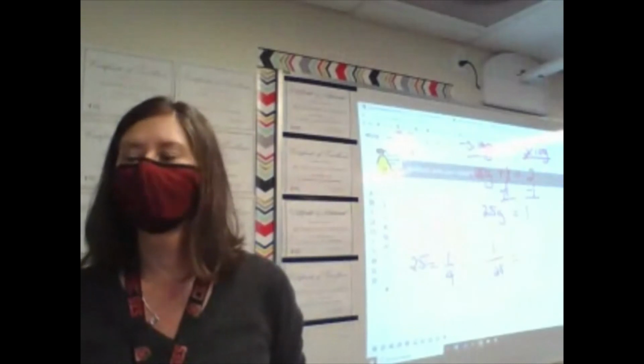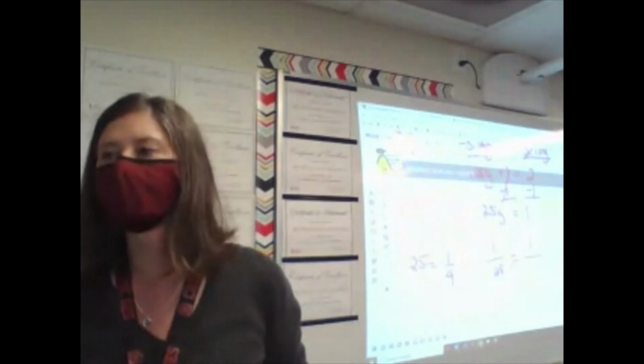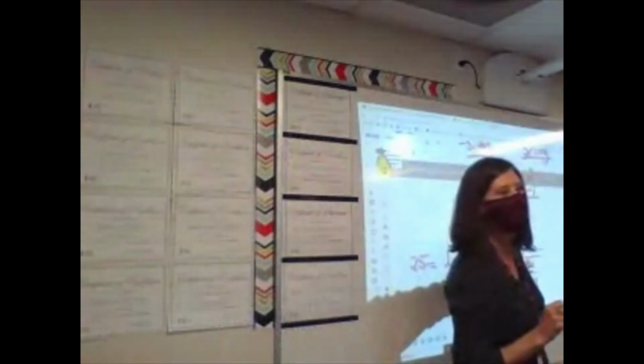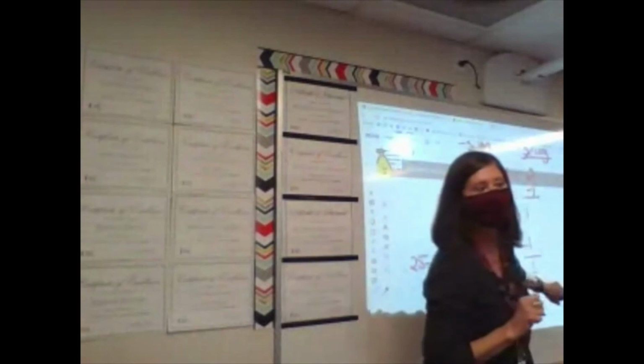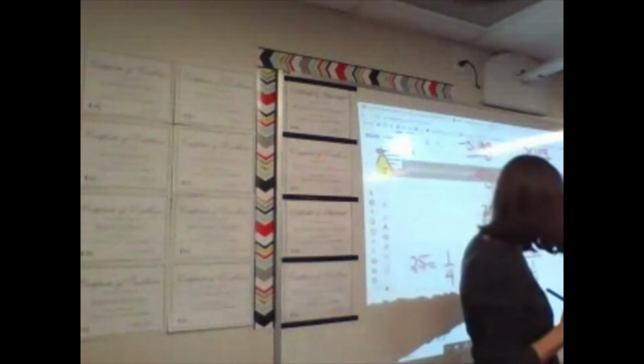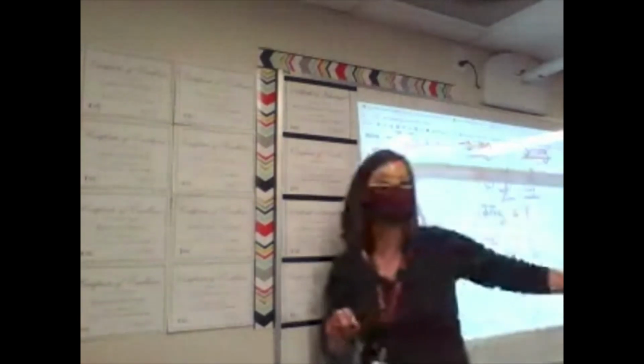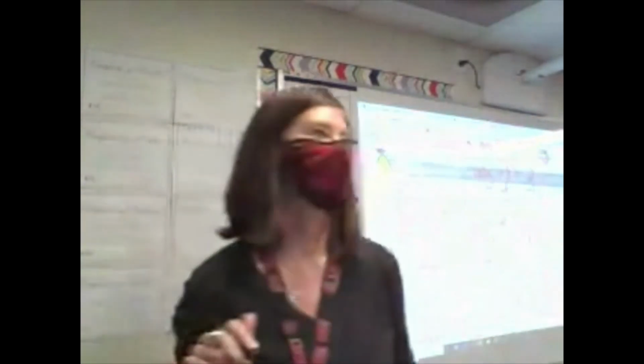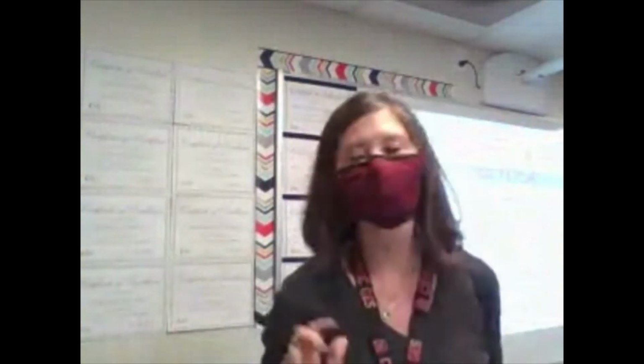So here we're trying to do 1 divided by 0.25, which is the same thing as 1 divided by 1/4. Do you guys remember when you worked on fractions, that dividing by something is like multiplying by the inverse? Okay.